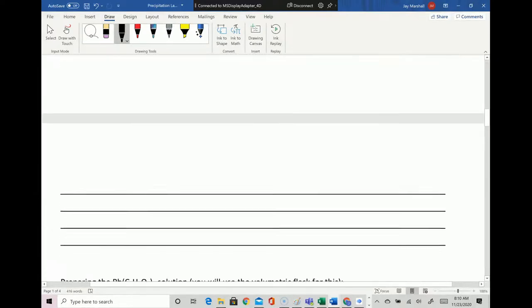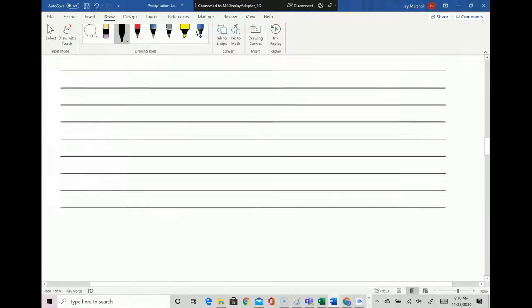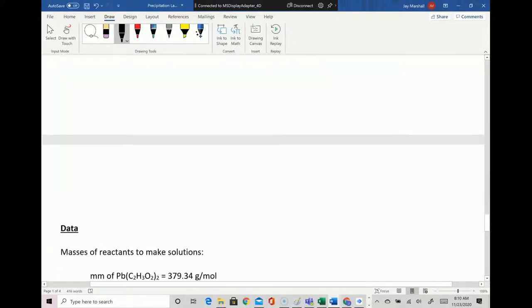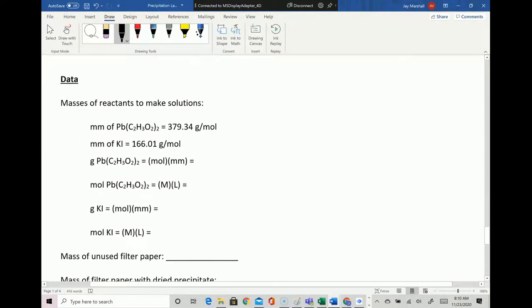But in the meantime, scroll down to the last page of this, and here's our data section. The first thing the data section says is masses of reactants to make solutions. Here I'm showing you how you need to figure those out.